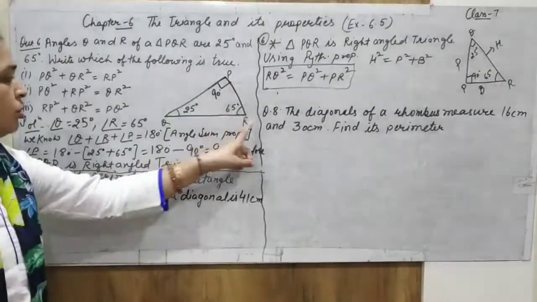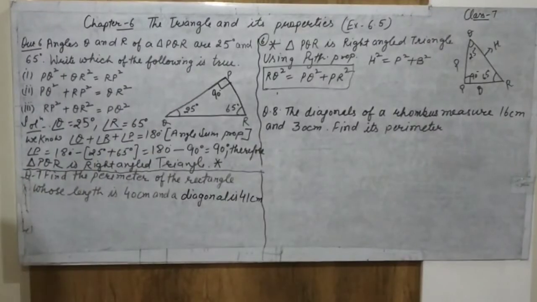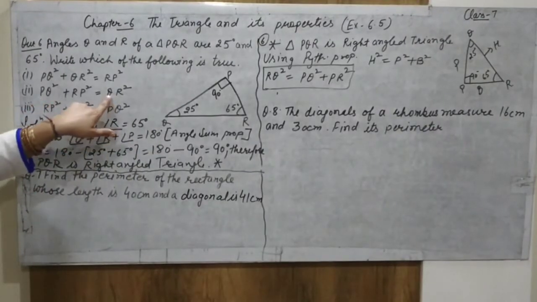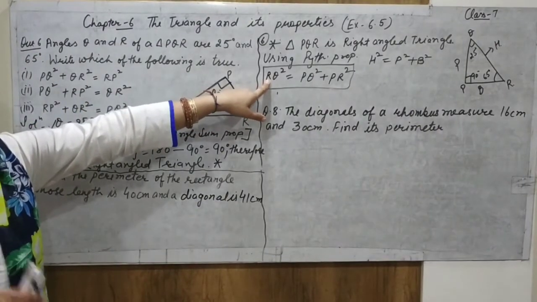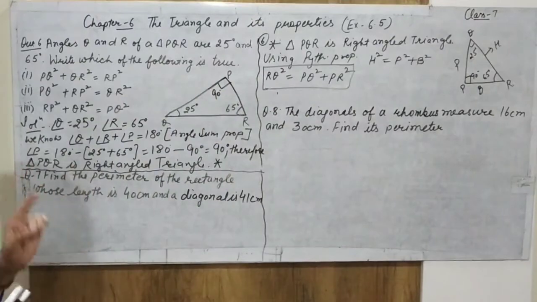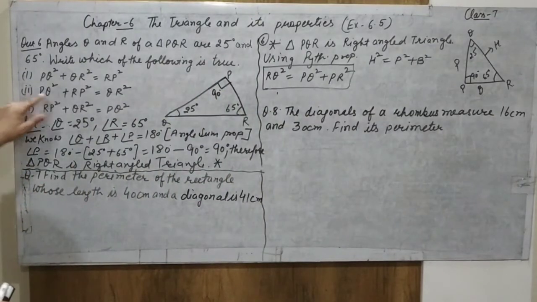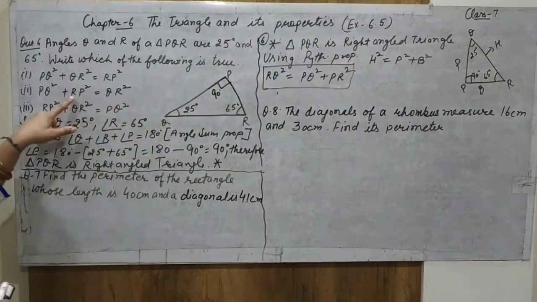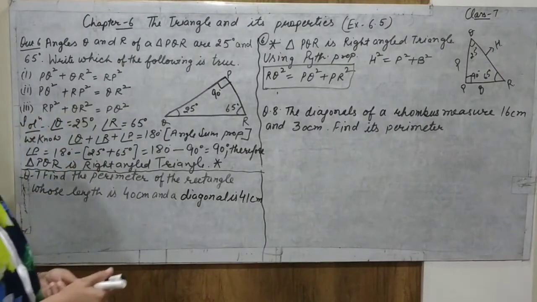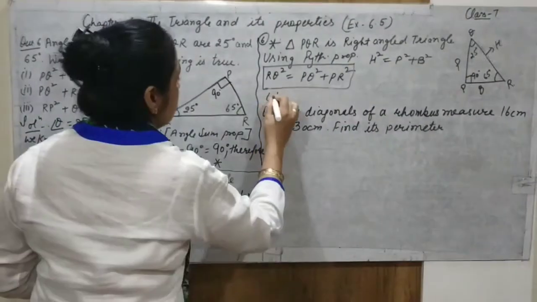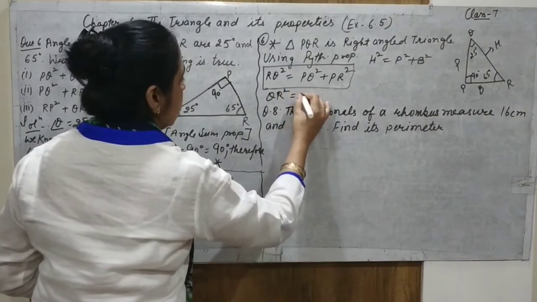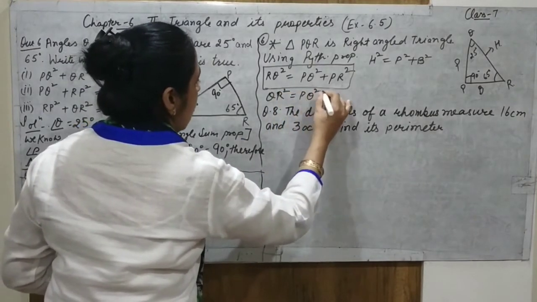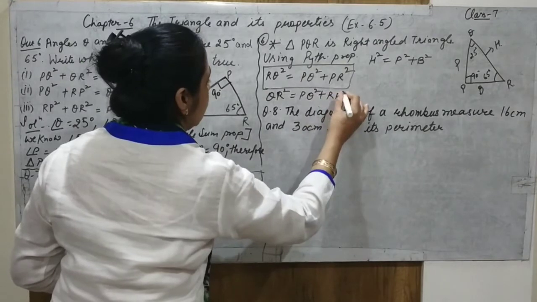Yes, QR square we get, according to our Pythagoras property. Here PQ square plus RP square, PR or RP square you can write. So you can write this as QR square is equal to PQ square plus RP square.